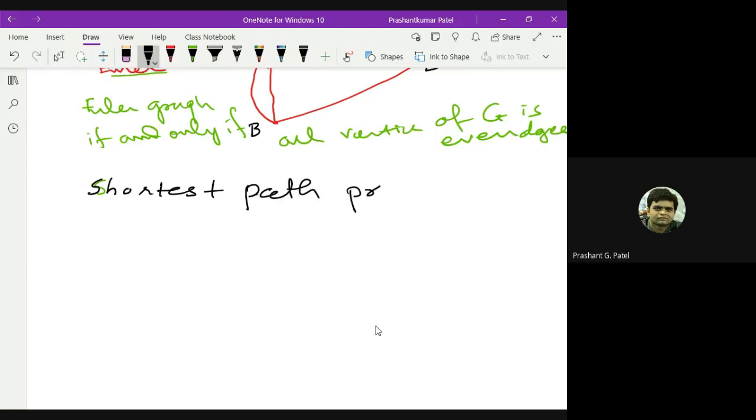The shortest path problem is very useful in internet surfing, in delivering goods from warehouses to shops, or delivering goods to a company, or when a company wants to deliver goods through flights to different cities.